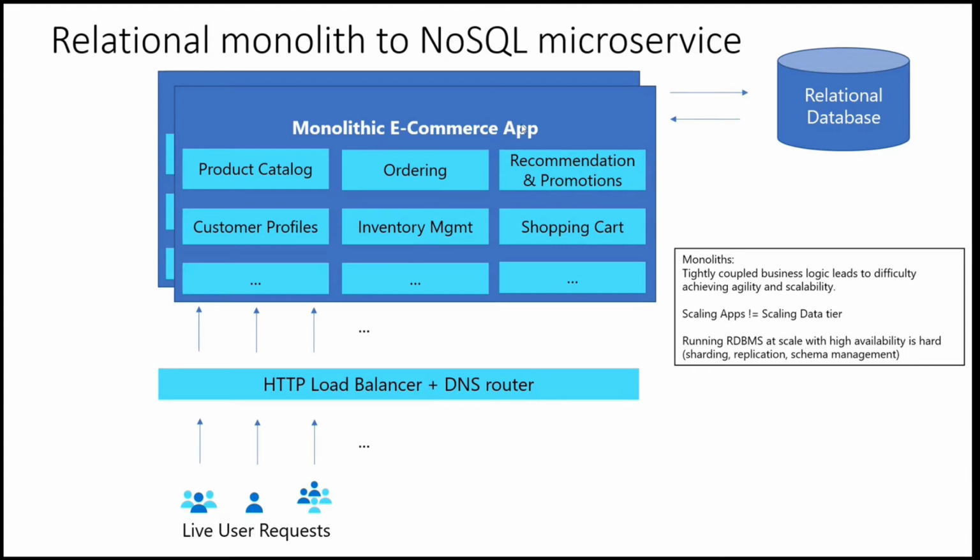So your approach would be to take out these application functionalities one by one and change them into a modular app, while in parallel moving your data from your traditional relational database to Cosmos DB. So here's your original monolithic application stage, and all the requests are going to that single application through a load balancer.